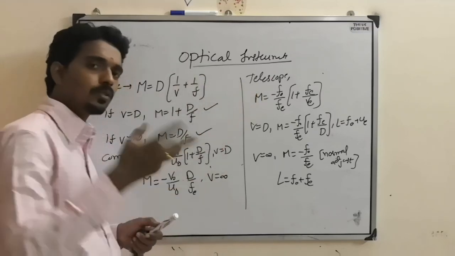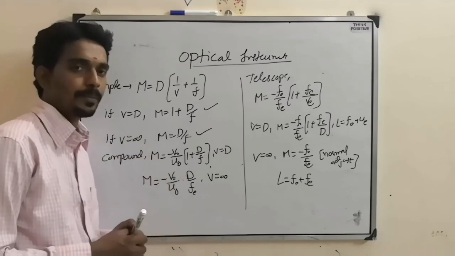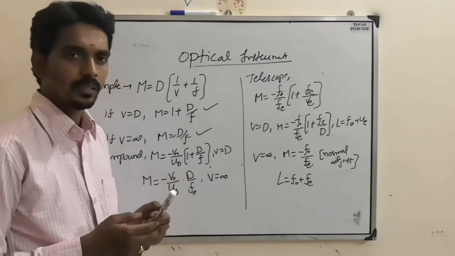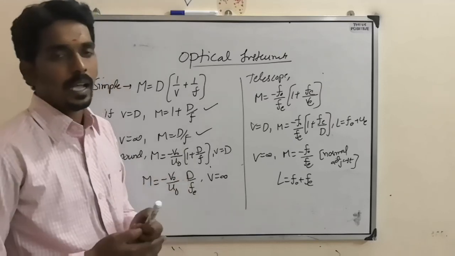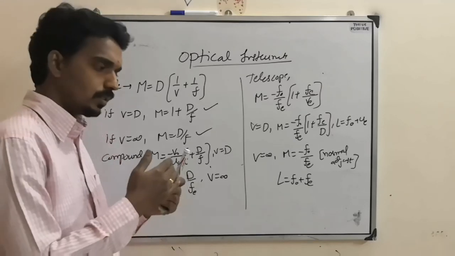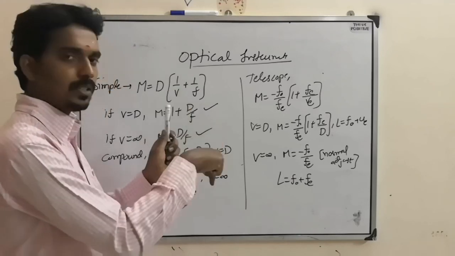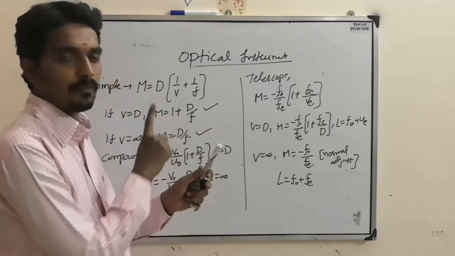In a telescope also the same thing, two will be there. In a compound microscope also two will be there. So here there are two lenses, so twice magnification happens. Once you get one magnification, the object is upright and you get an inverted image, and that again gives an inverted image, so the final is upward.